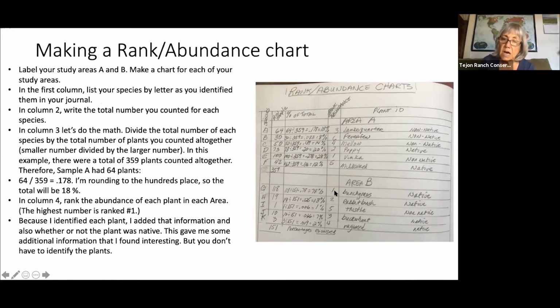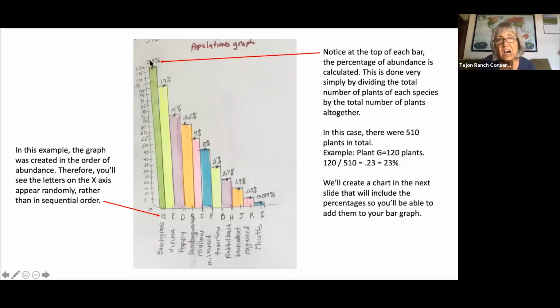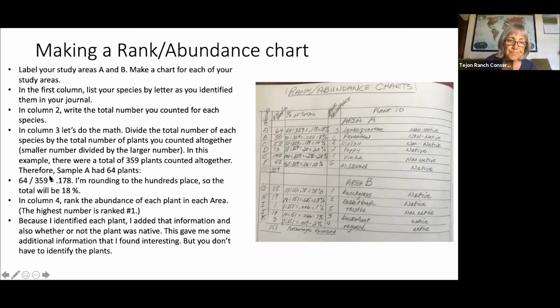Letter G was the most common. And then letter H was the second most common, and so on. Okay, so that's my ranking chart. And after I did that, I could take these percentages and, going back, put them at the top of this chart that I've already made, this bar graph. Okay, that's how I did that.